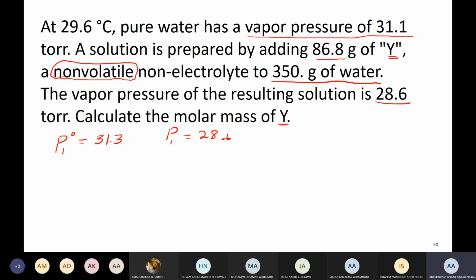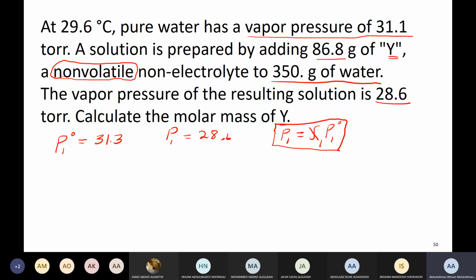Then what's the law that I'm going to use? P1 equals mole fraction X1 times P1 0. What's the name of this law? Raoult's law. Good.